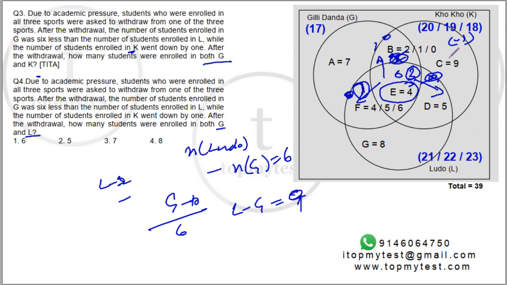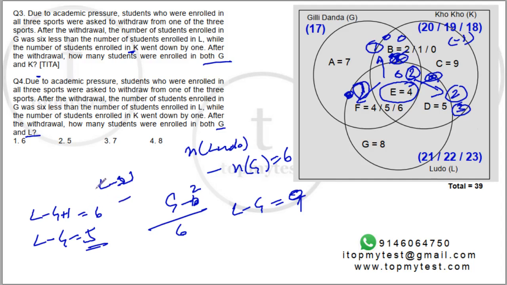Now if I put 1 here and 2 here, this should be L minus 1, G minus 2. So you will get L minus G plus 1 equal to 6, which is possible only when L minus G is equal to 5. This is possible. L minus G is equal to 5, and this is 17, this is 22. The last scenario is where this is 0, this is 3.